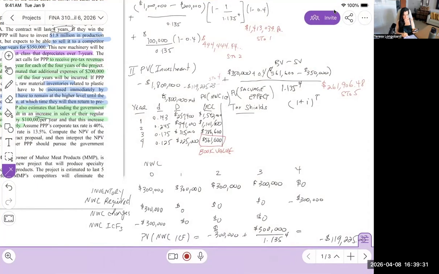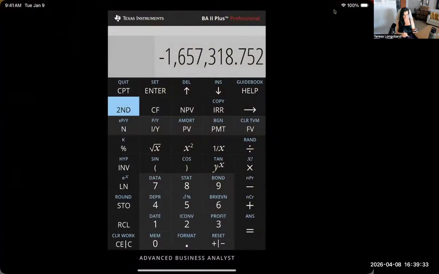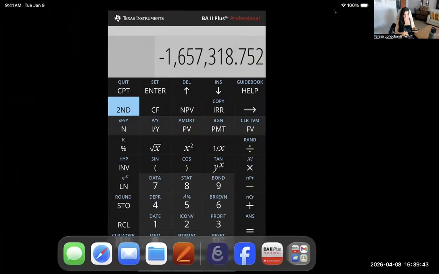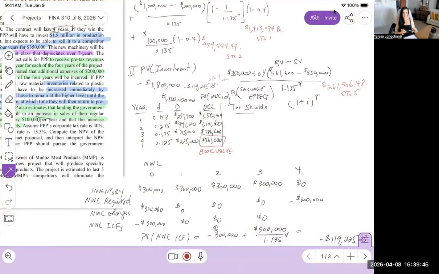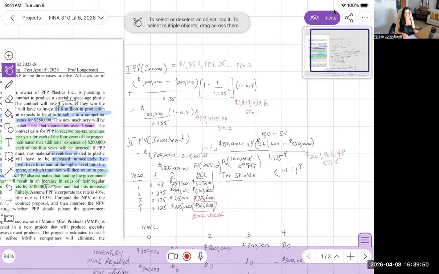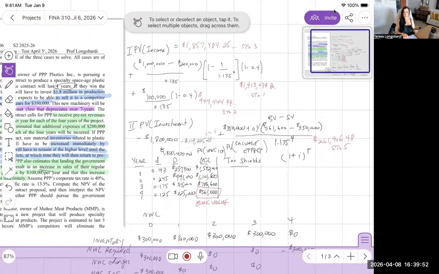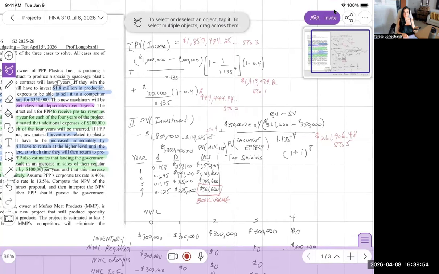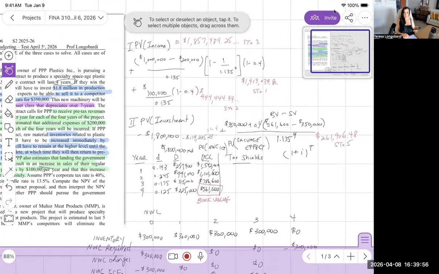So, let me get the number. Okay, so let's put that up here. I did a red one. Okay, so it's going to be 6. Income was storage 3.